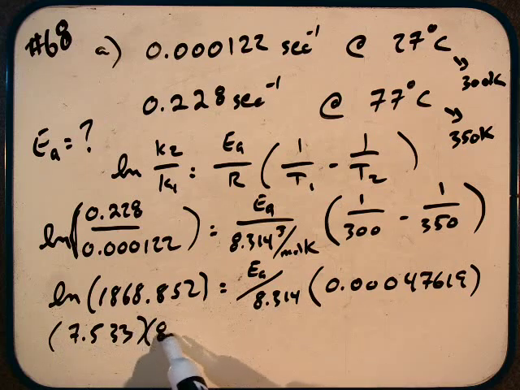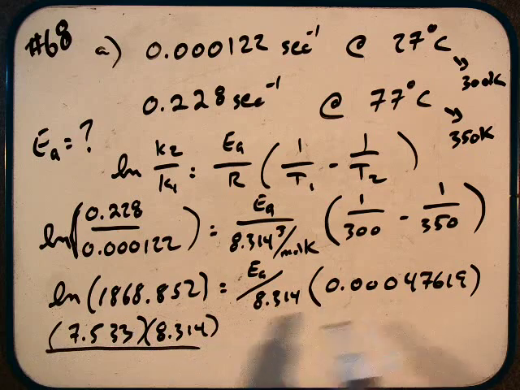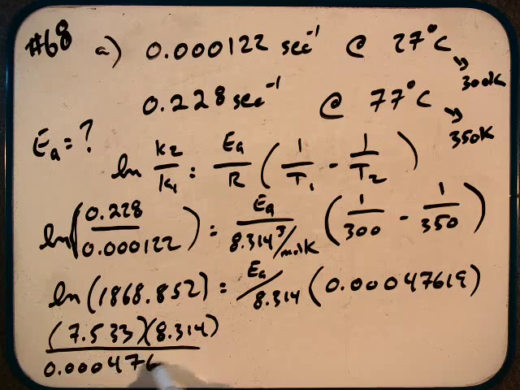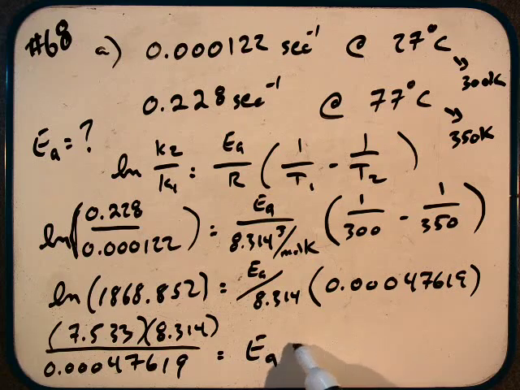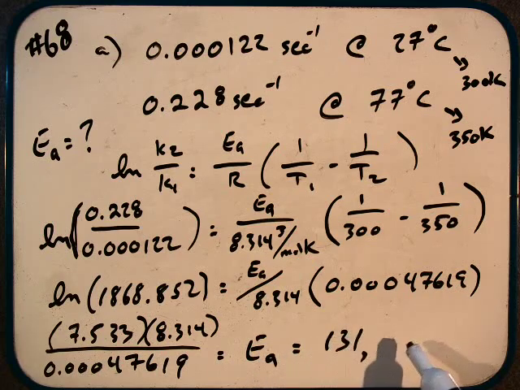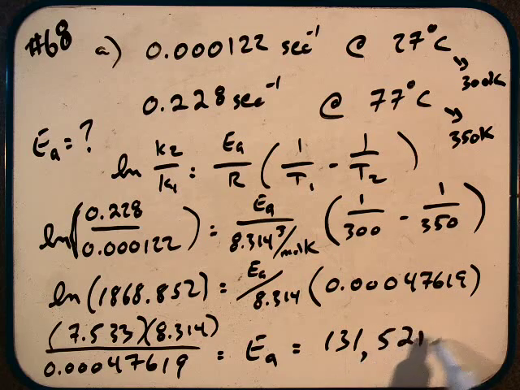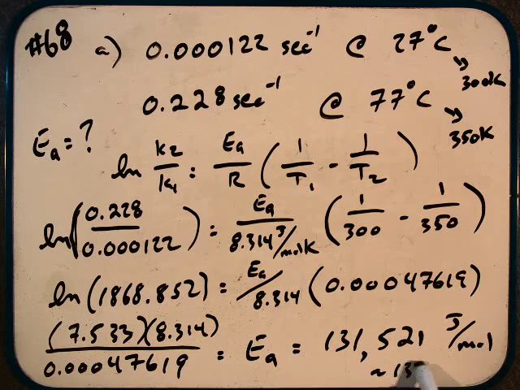We bring over our 8.314, and we bring over our 0.000476619. And that is going to equal our activation energy. And when we solve that, we get a value of 131,521 joules per mole, or roughly 132 kilojoules per mole, depending on if you're rounding. So that's part A, looking at calculating the activation energy, roughly 132 kilojoules per mole.